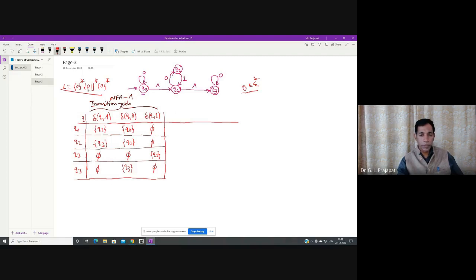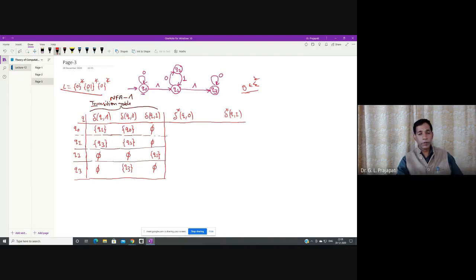So you can consider the delta star transition here: delta star of Q on input 0, and similarly delta star of Q on input 1.